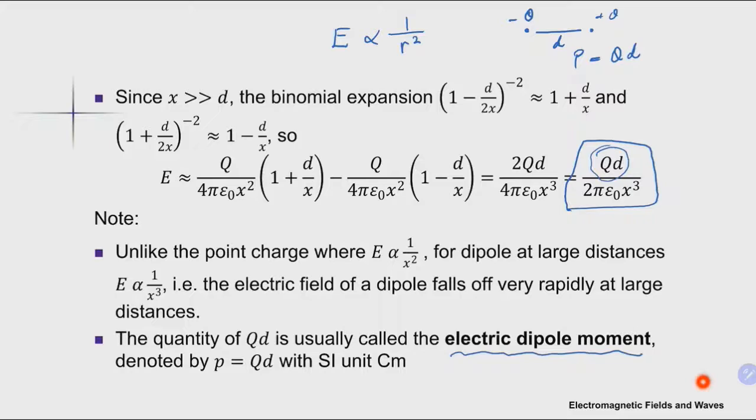And the other thing to remember is that if I go further away from my dipole, the electric field decays by 1 over x cubed. Okay, so some distance away, the field becomes negligible because it is decaying at a much faster rate than a point charge. Okay, with that, that's the end of this topic.